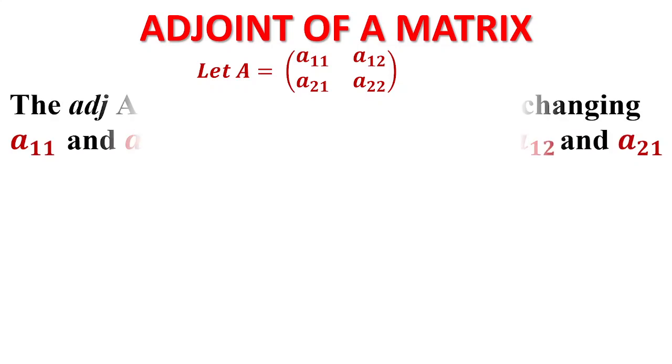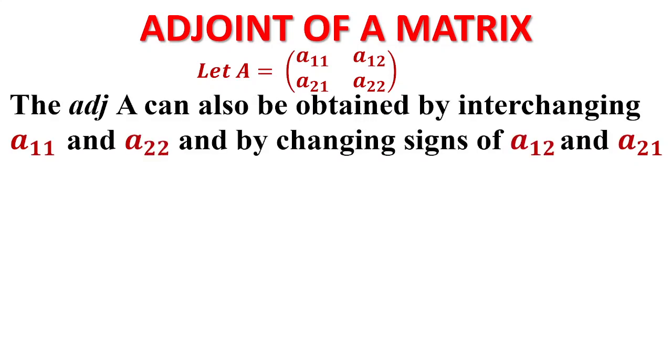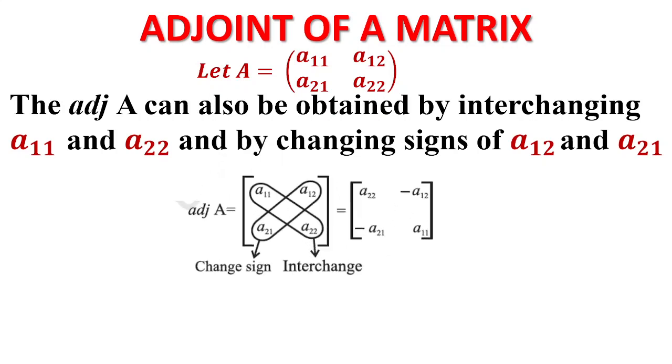Very simple. Your job is first to find the cofactors, put them as a matrix, transpose it, and you will get the adjoint. Good. Now, if you are having a 2 cross 2, getting the adjoint is very simple. The adjoint of a 2 cross 2 is obtained by interchanging A11 and A22 and by changing the sign of A12 and A21. Interchange the elements of the major diagonal and change the sign of the minor diagonal elements. You just interchange and sign change.